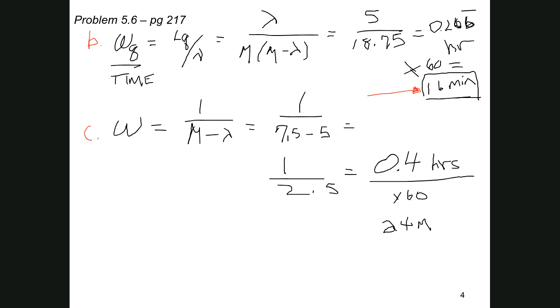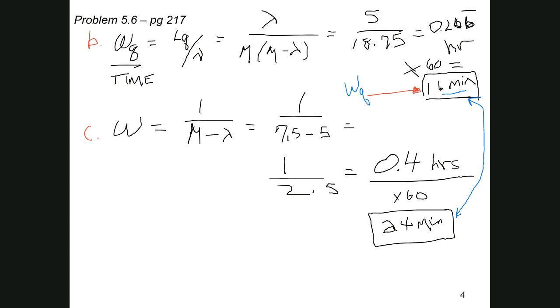Now, there's something that I want you to notice here. What did the original problem statement say? And what's the relationship between these two numbers? This is WQ, and it took the aircraft 16 minutes on average in line, waiting to circle and waiting to land.